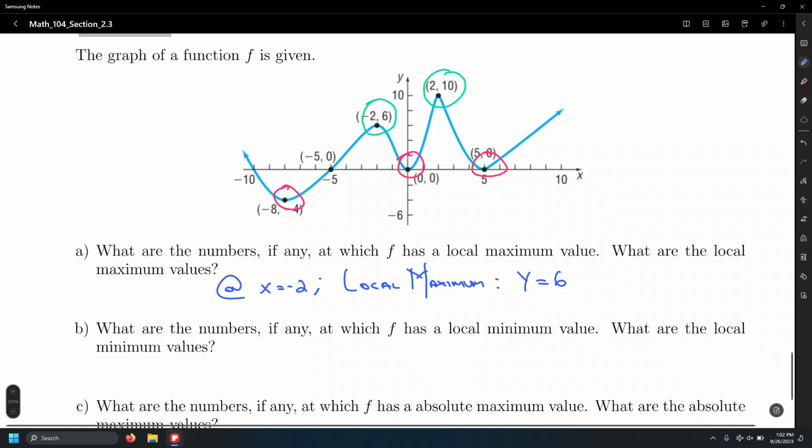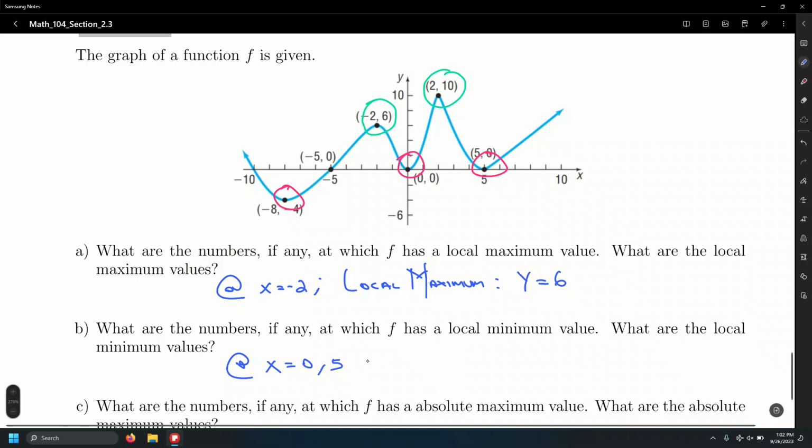Now let's look at part B. What are the numbers, if any, at which f has a local minimum in this case? And same, what are those local minimum values? Number one, let's list the values of x, if any, at which we have a local minimum. What are they? 0 and 5.